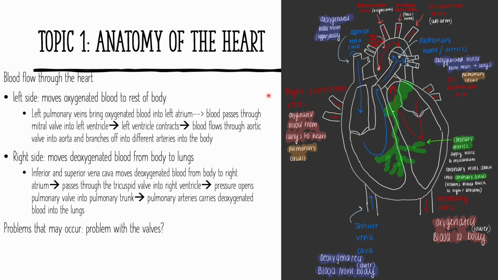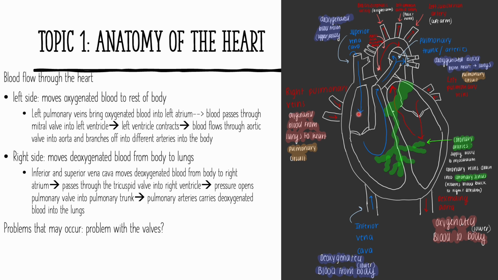So now looking at the blood flow through the heart and the major vessels of the heart. So starting here, our deoxygenated blood comes from the lower and upper part of the body, and it will flow into our superior and inferior vena cava. And this is flowing to the heart into the right atrium.